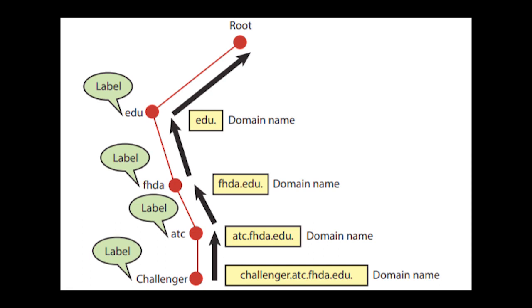A domain is a subtree in the domain namespace tree structure. This domain can be divided into subdomains also. Here, if you see the domain name and the label, first there is a label, and then a domain name. Then it goes to the next level, where again there is a domain name and a label for it.